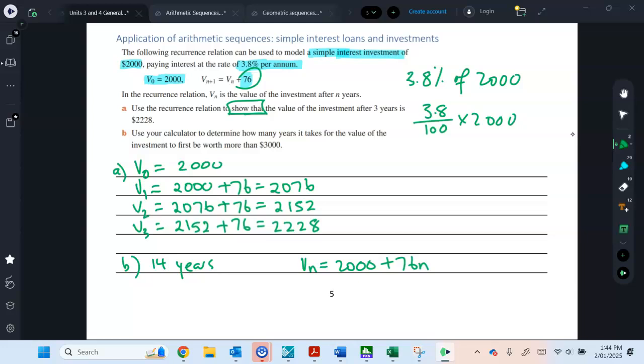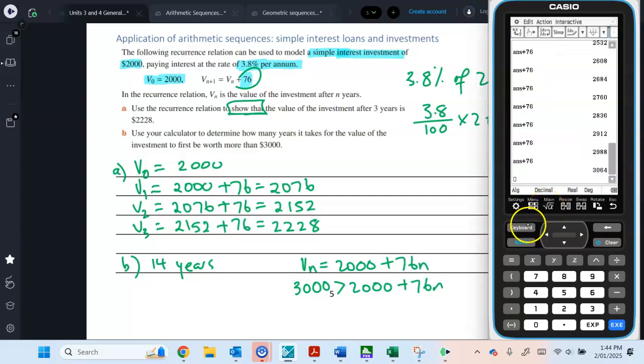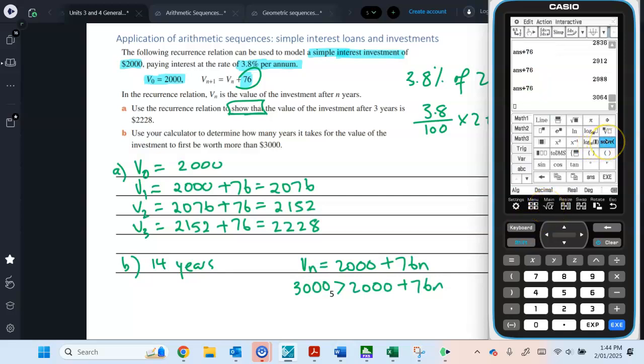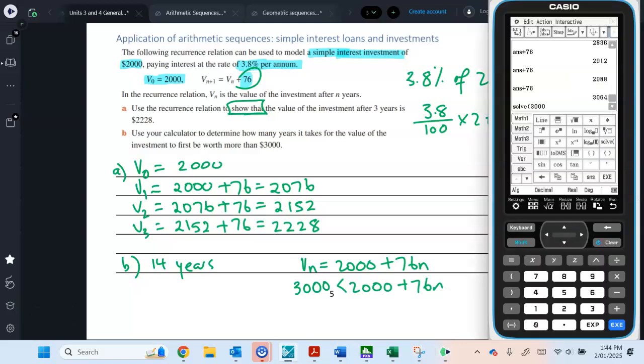We want to solve for n, and we know we want it to be more than 3000. You can solve that by hand, or you can just do it in your calculator if you prefer. If you were going to the effort of doing this, you're probably more confident just to go straight to solve. And I did my inequality sign around the wrong way, I just realized, so let's get rid of that.